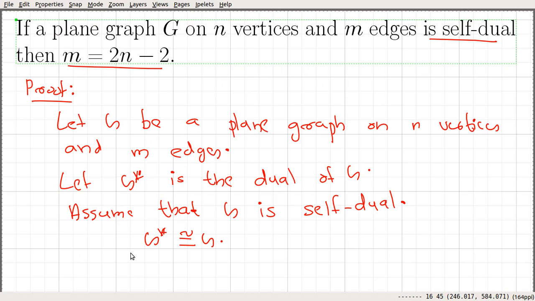So the number of edges n star in G star is going to be equal to n. By definition, G star is isomorphic to G, so they must have the same number of vertices. Let's call this equation 1.